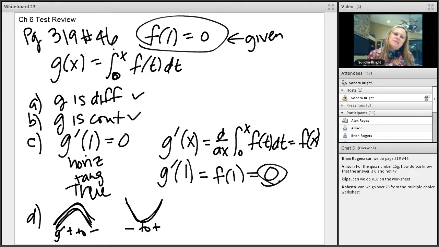So if your g prime is 0 there, and it's positive after that, okay, I have to think more on the reasoning behind it. I'm thinking it has to do with the positive derivatives, though.